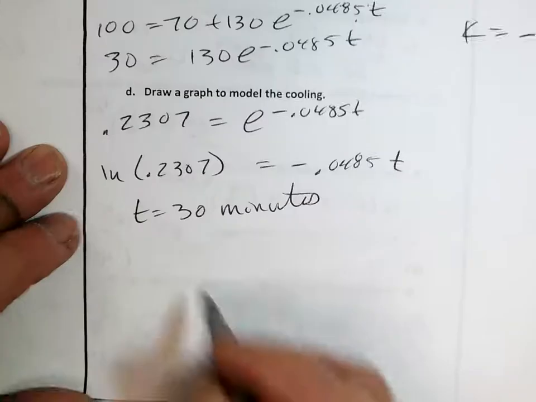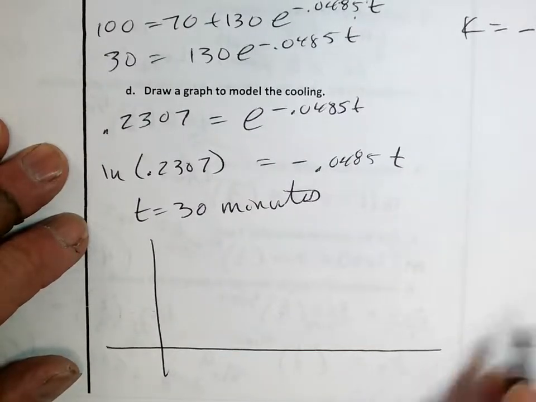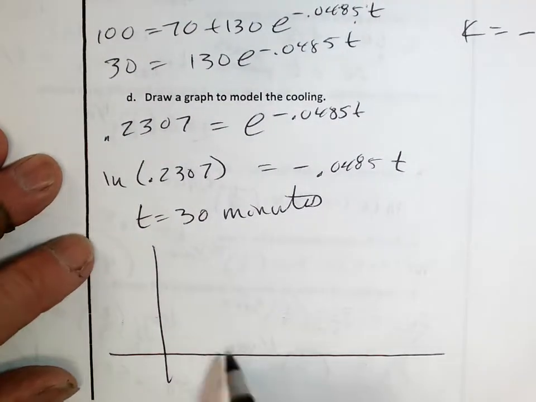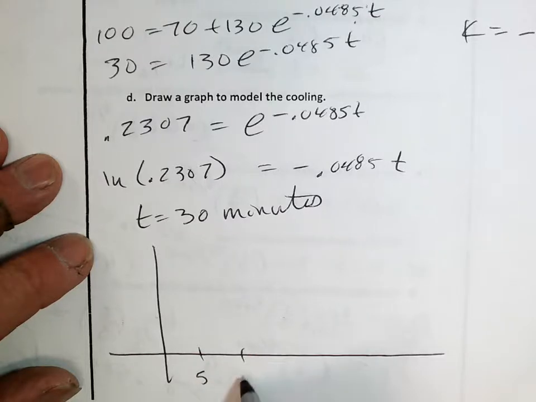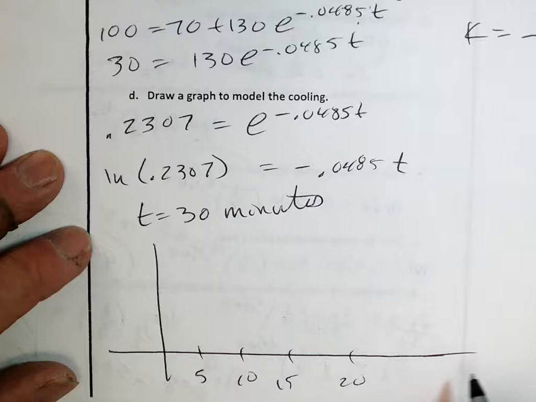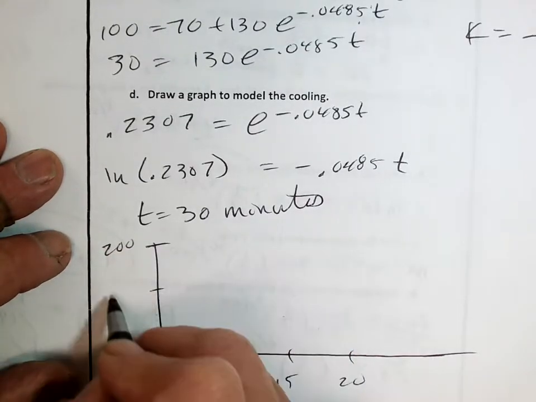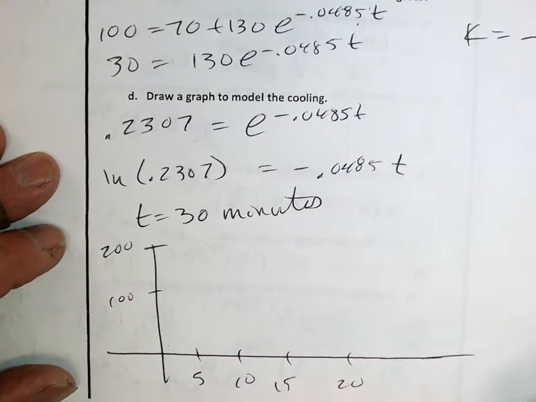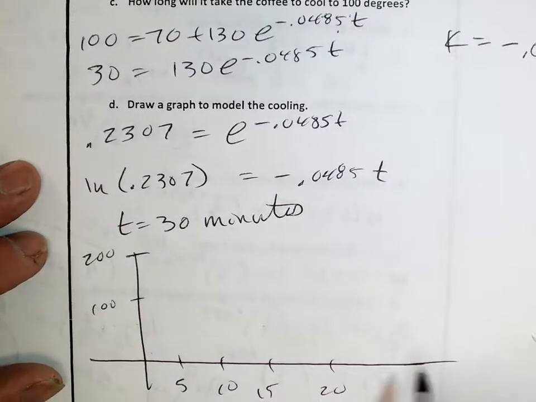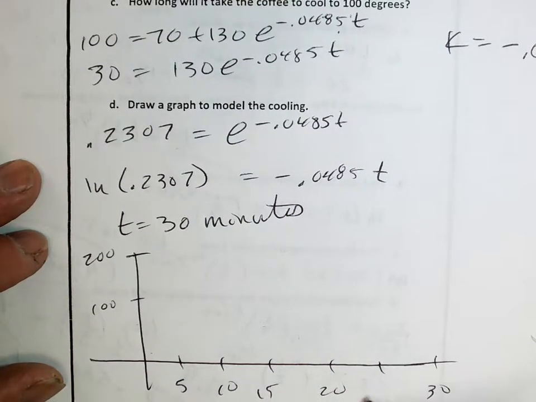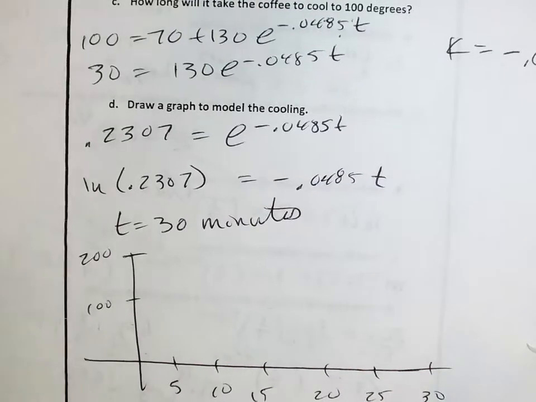And then to graph it, I'm just going to take numbers I know, okay? So I'm going to go minutes, 5, 10, 15, 20, and then temperature goes all the way up to 200, 100. 30 minutes? Yeah, I got 30 in there too. Okay, and then I'll just do a dot to dot.